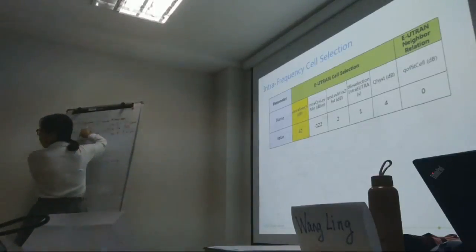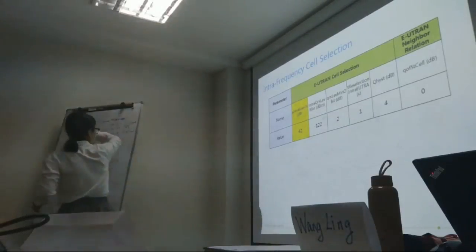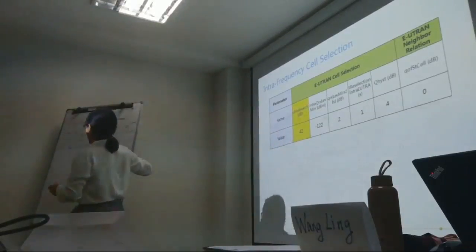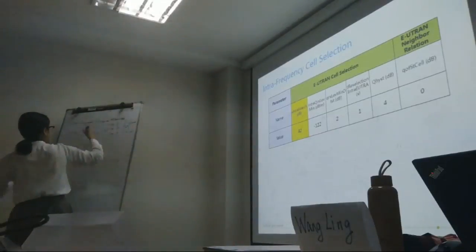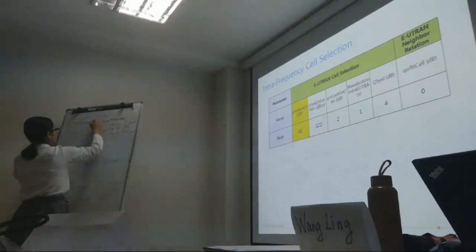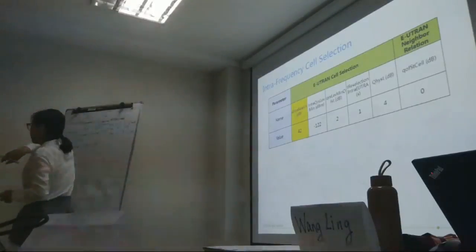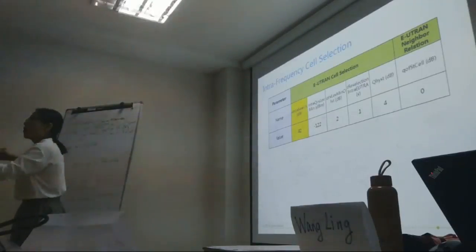So for the high priority, this measurement threshold, we don't need. No measurement threshold. For the same priority, we can set it, and we can also set it based on the network.